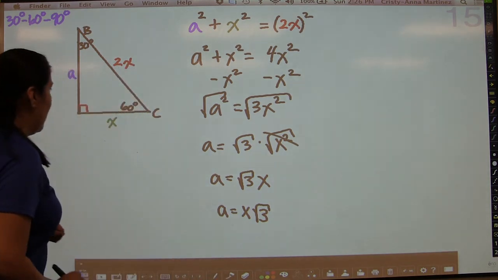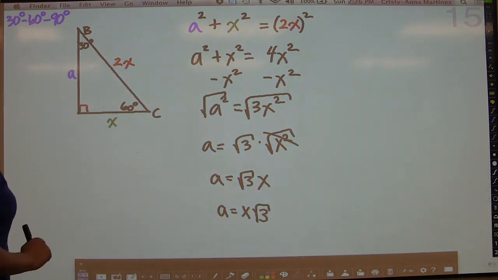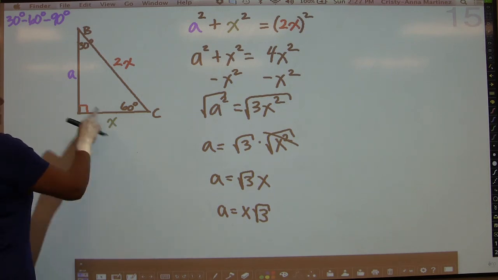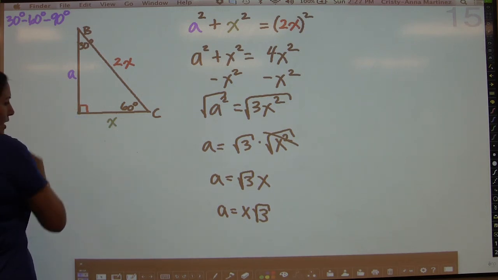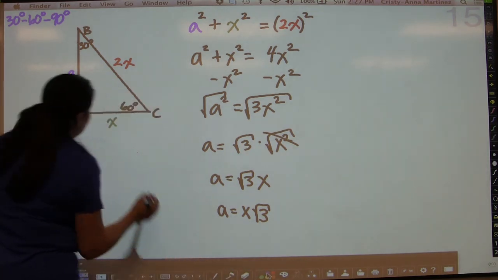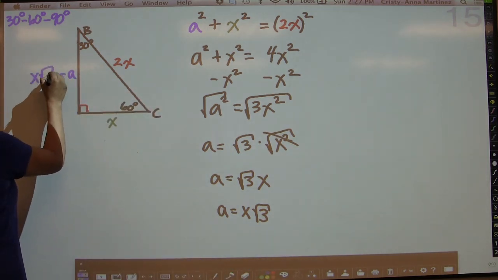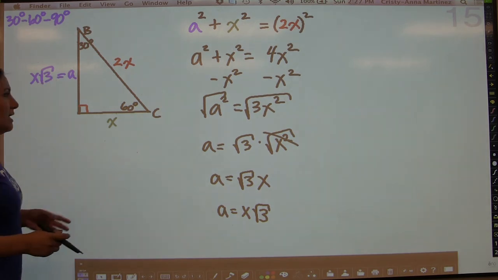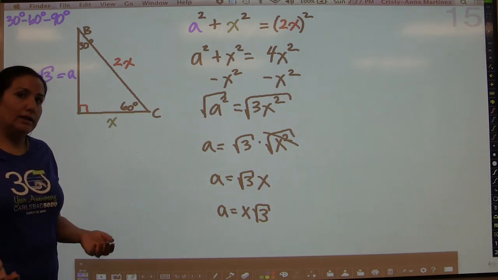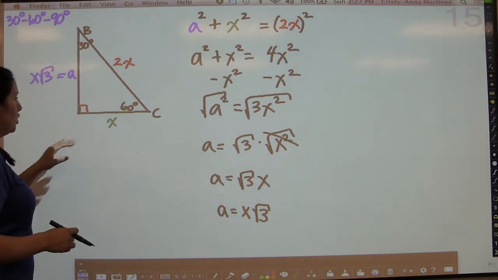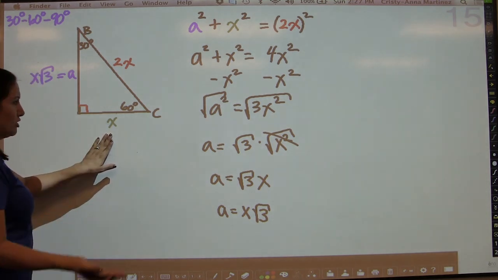All right? And so that's basically what happens when you have this relationship. You're always going to get x, x root 3, and 2x. So we want to make sure that over here we write this as x root 3. Now I will tell you that because x is a variable that we use a lot in algebra and geometry, we don't want to use that variable for future reference.